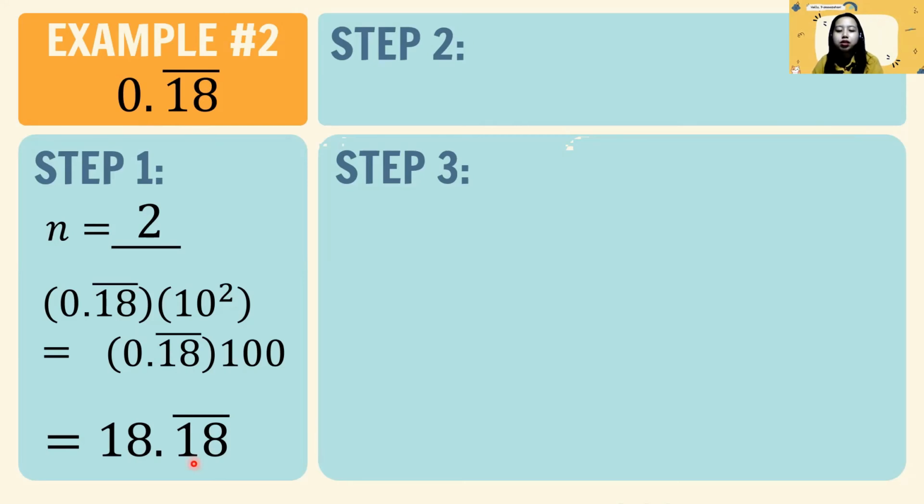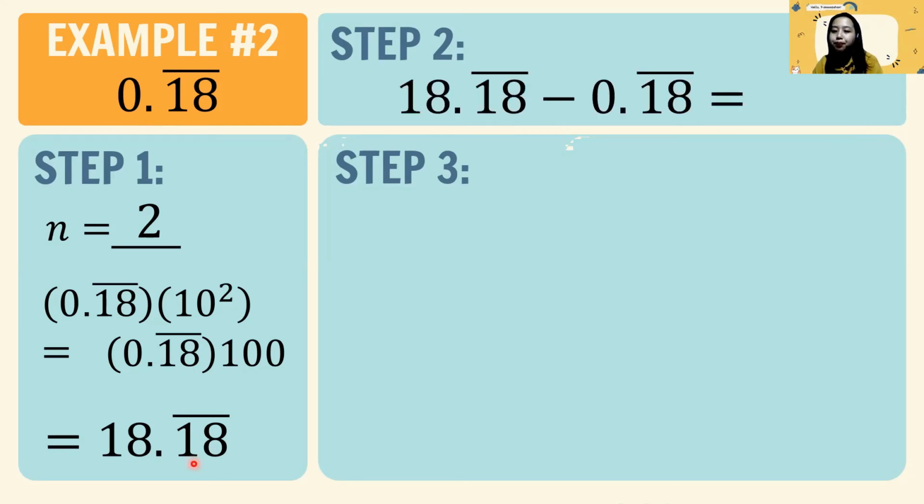For the next step, you will subtract the given decimal from step 1. So in this form, what will you get? 18.18 minus 0.18 will be, that's right, 18.